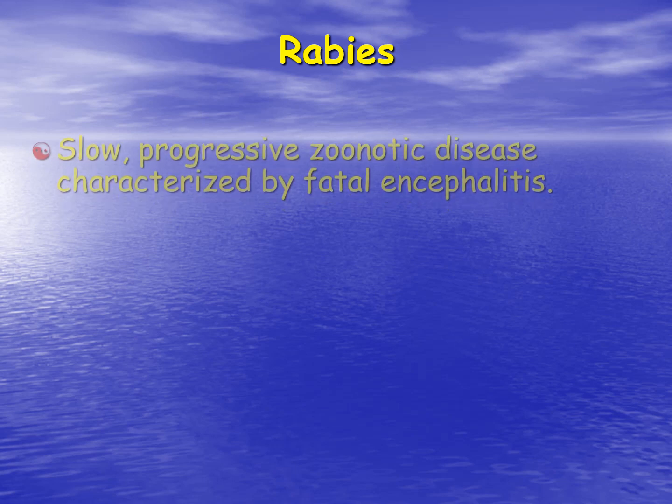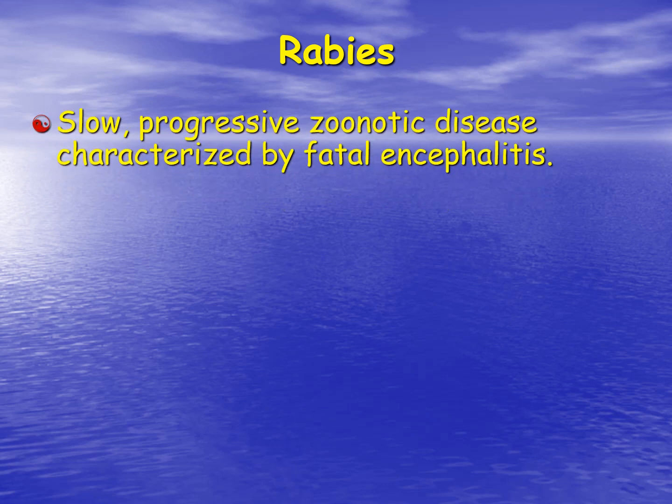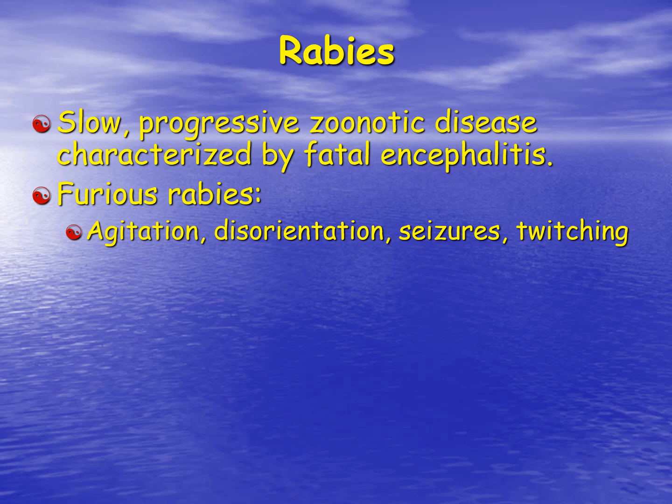Now I want to talk a little bit about rabies. Rabies is a slow progressive zoonotic disease characterized by fatal encephalitis. There are two forms of rabies. The furious form of rabies is where the patient is agitated, they become disoriented, having seizures, and oftentimes just muscle twitching.